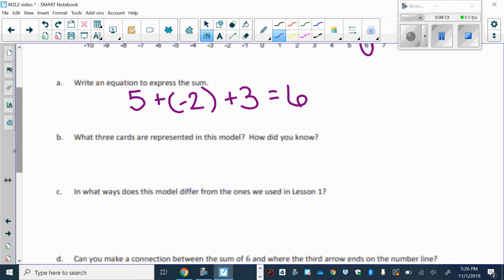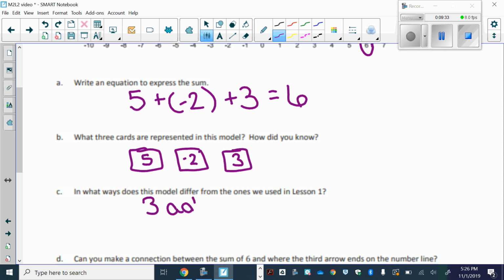What 3 cards are represented in this model? I see a 5, I see a -2, and I see a 3. In what ways does this model differ from the ones we used in lesson 1? Well, now there are 3 addends. And in lesson 1, we were stopping at 0, weren't we?